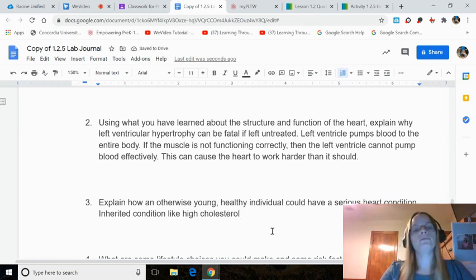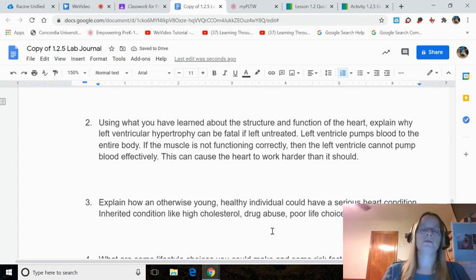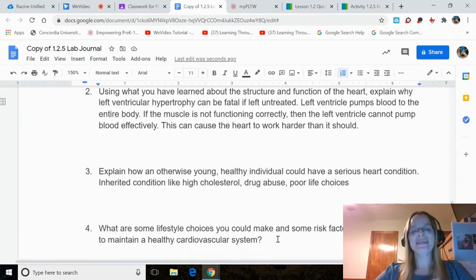There are other reasons an otherwise healthy young individual could have a serious heart condition, including but not limited to drug abuse, poor life choices, and we'll leave that inherited thing there too. Although drug abuse, I think, would be a poor life choice. Just say no, kids.